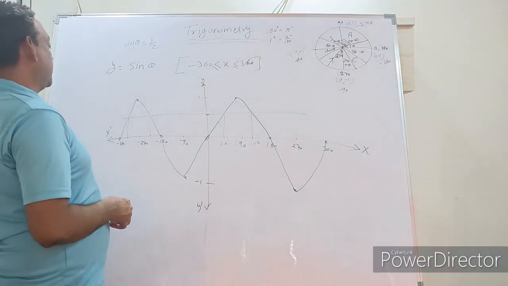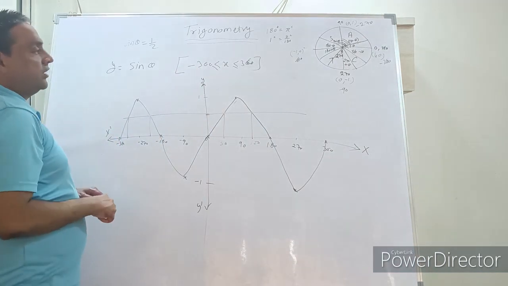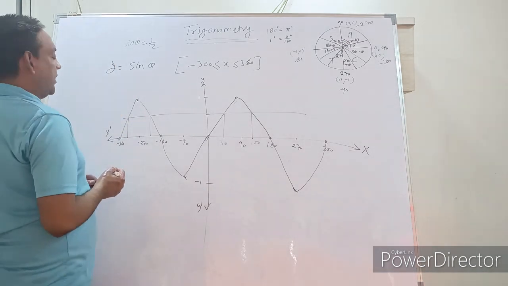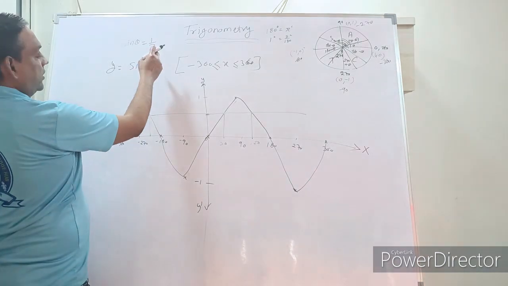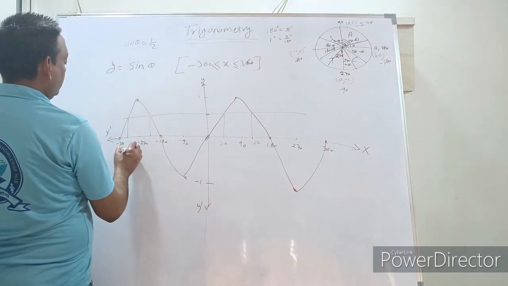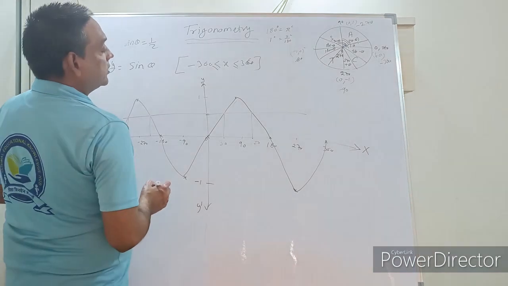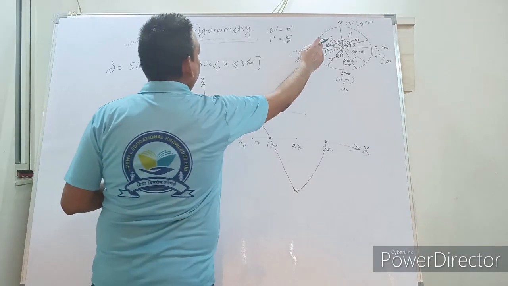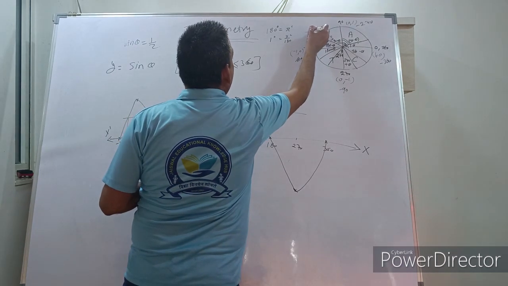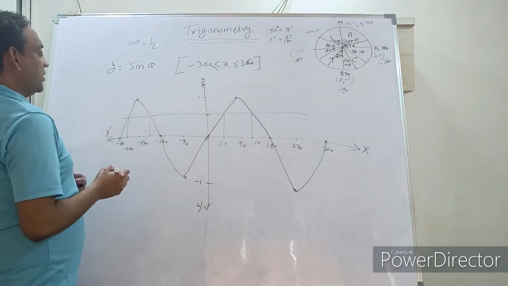And the same way, suppose they ask between 0 to minus 360 degree, so that will be in the first quadrant, which is 360 minus 30 degree, that will be minus 330. And the next one, in this quadrant, becomes minus 180 minus theta, so that will be minus 210 degree.